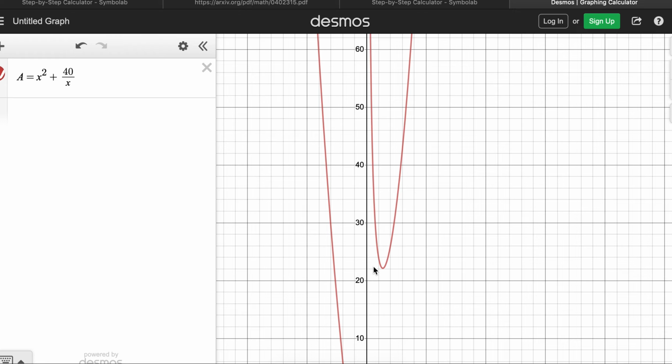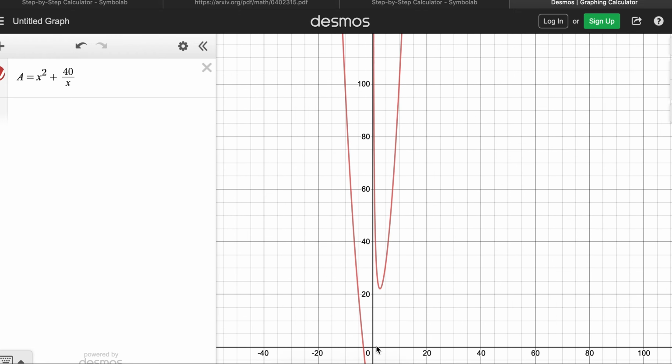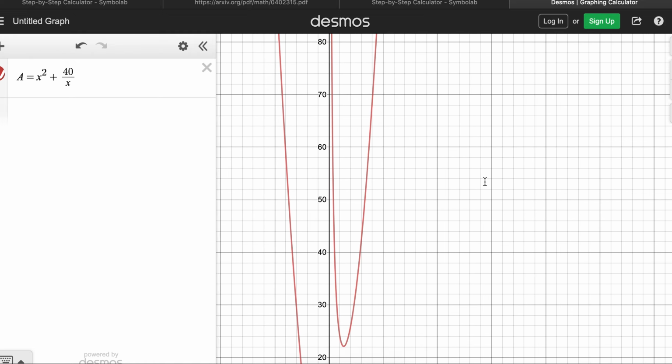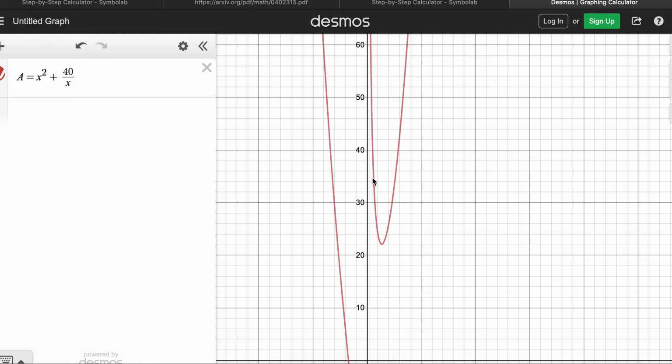But as you go away from 0, going this way on the x-axis, your y values are going down until you get to here. And it looks like this is the lowest point on your graph, at least on this portion over here. Not over here, because we're ignoring this since it's not in our domain. So the lowest point is when x is 2.714.